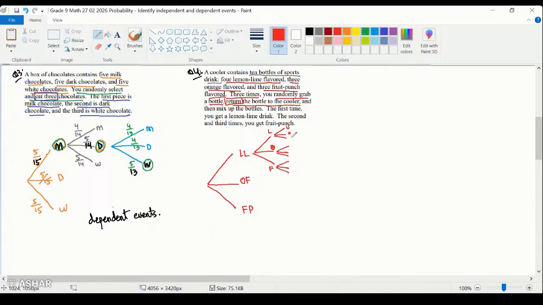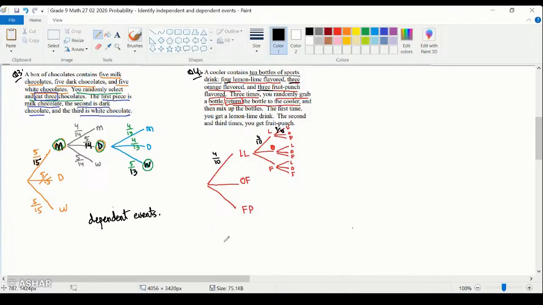Lemon, orange, fruit, lemon, orange, fruit, lemon, orange, fruit. That means the denominator will never change. The denominator will be constant, right? 3 plus 3 plus 4. That means this is upon 10. This is 4 upon 10. It is 4 upon 10. And this is 4 upon 10. The denominator does not change.